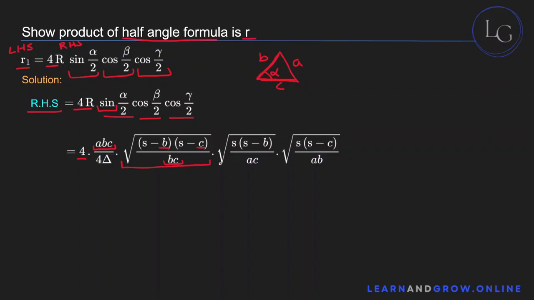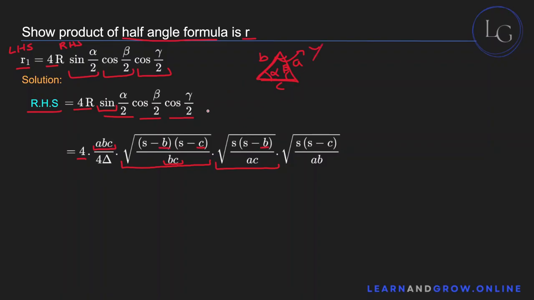Now for cos it's different, the half angle formula, right? It is S into S minus B over AC. Now since this was the side B, so this is the angle beta, right? And this is the side C, so this is the angle gamma, right?